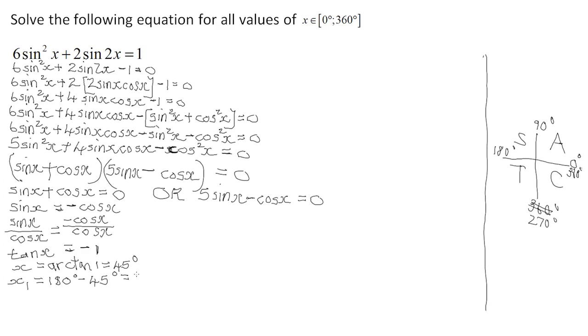And that's going to give me 135. And then in my fourth quadrant, it's going to be equal to 360 degrees minus 45. And that will give me 315 degrees. These are the two values where tan is negative.